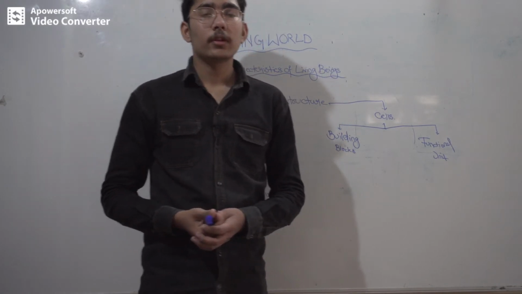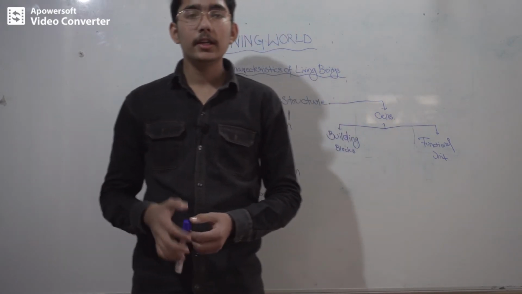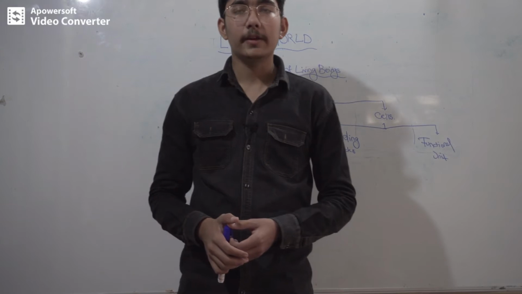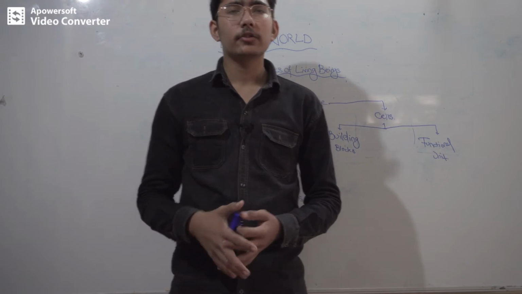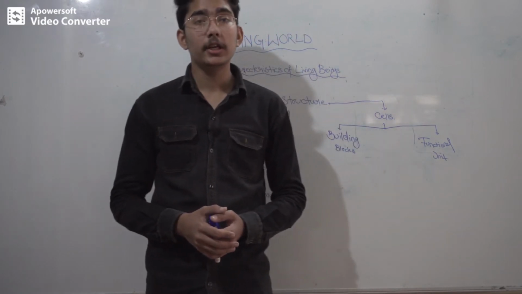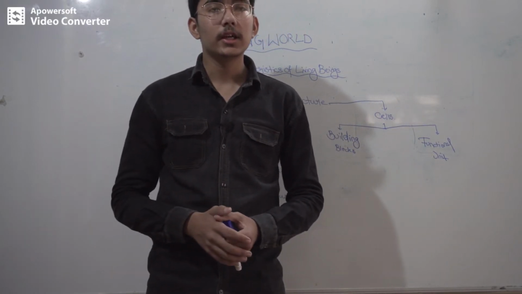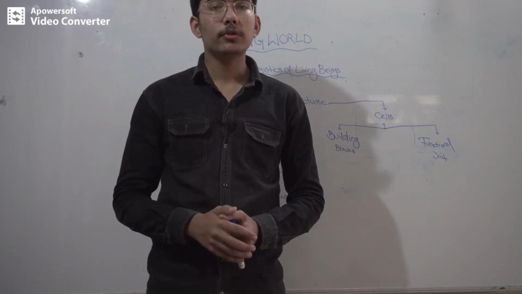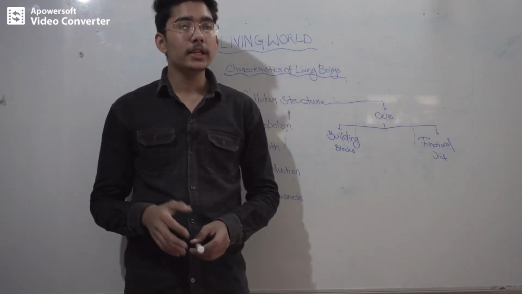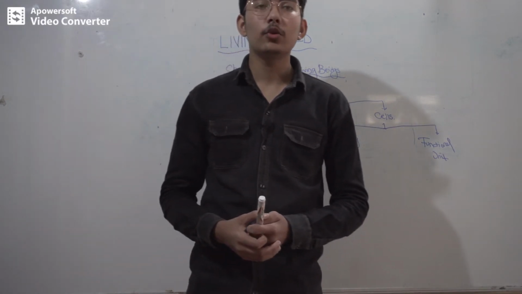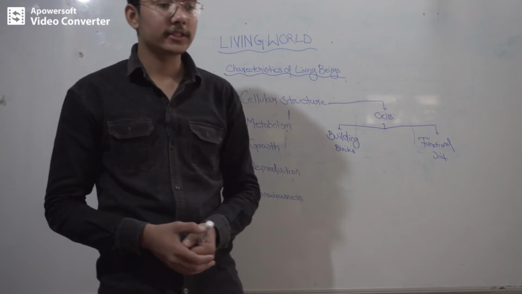Now what we can say is that when any feature is known to be defining, it must be unexceptionally present in all the living beings, or all the living things, and it must not be shown by non-living things. What I have said here is that any characteristic or feature is known to be defining only when it fulfills two criteria. What are they? Let us discuss now.